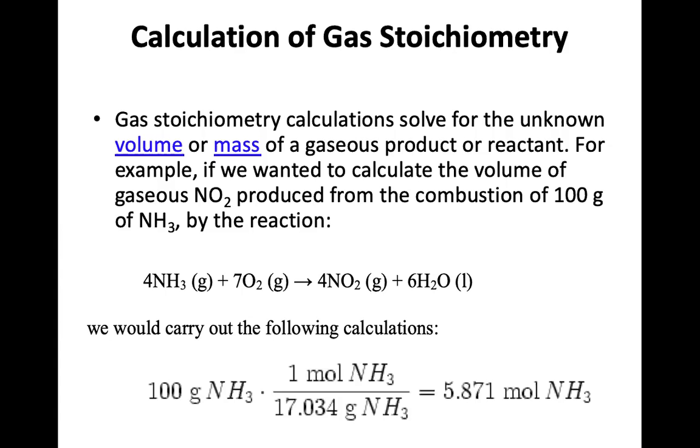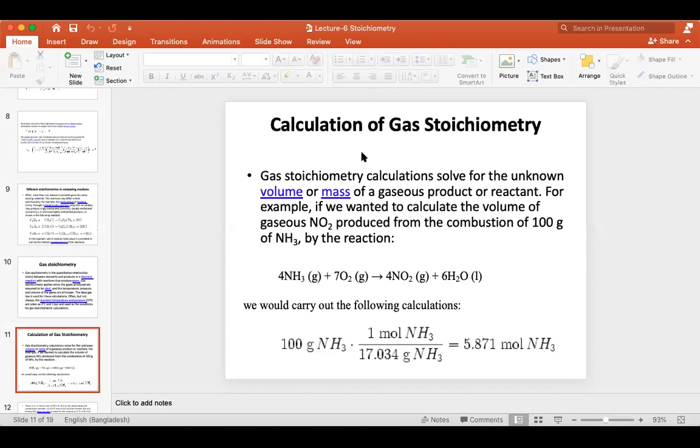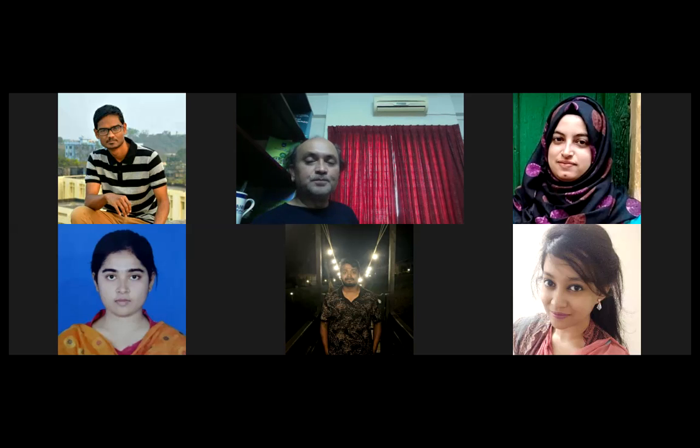What is stoichiometry? How we can calculate the reactants as well as products beforehand to get the industrially desired amount of the product. So this is a brief lecture today, and thank you very much. And you can ask some questions.